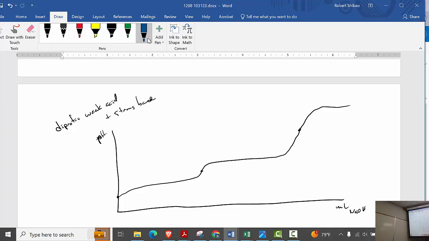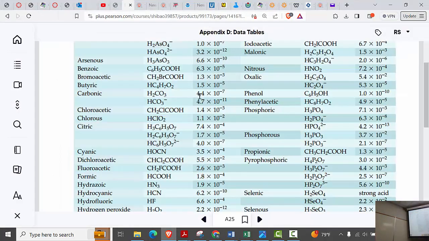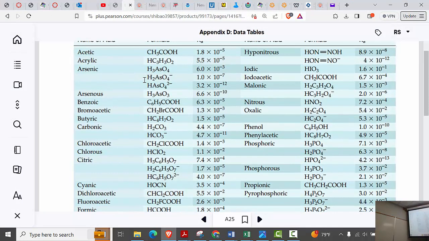So let's pick an example of some weak acid. What weak acid should we choose? Weak diprotic acid. Carbonic acid, but there's a big problem with carbonic acid.